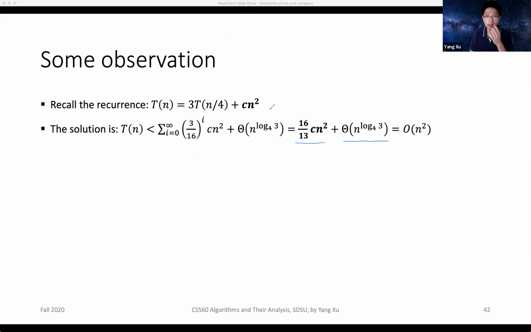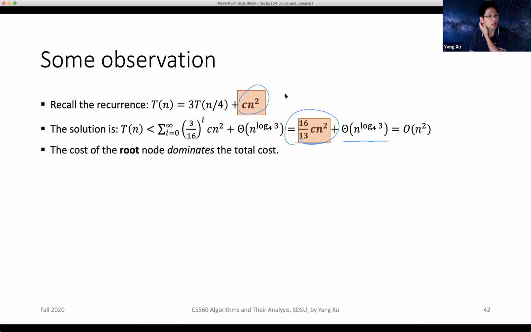I wrote these two in bold because they are kind of related, okay? So this relationship basically indicates that the cost of the root node dominates the total cost, right? The c times n squared is the value of the root node. And the solution is also dominated by that function in the root node, okay?